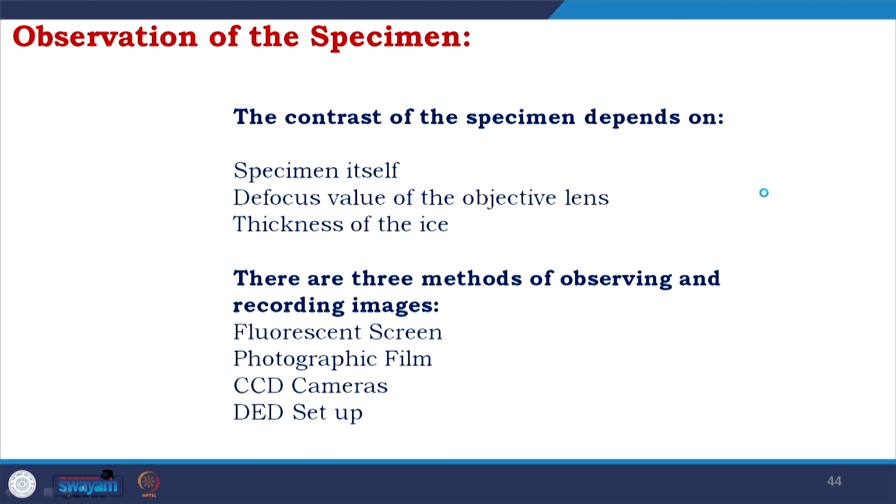You have to do the observation of the specimen; the contrast of the specimen depends on the specimen itself, defocus value of the objective lens and thickness of the ice. There are three methods of observing and recording images: fluorescent screen we talked about, photographic film we talked about, CCD cameras and, just as an extension, the DED setup.